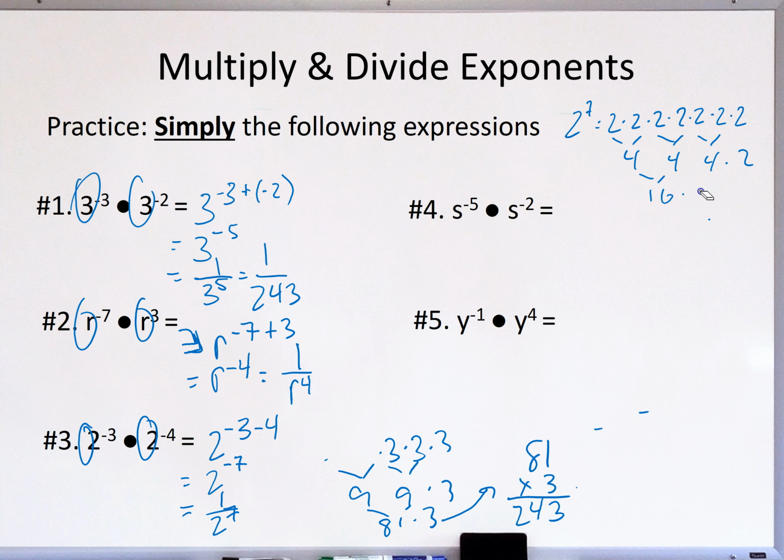And we'll go ahead and say that gives me 8. So it's going to be 16 times 8, which is 128. So that gives me 1 divided by 128.